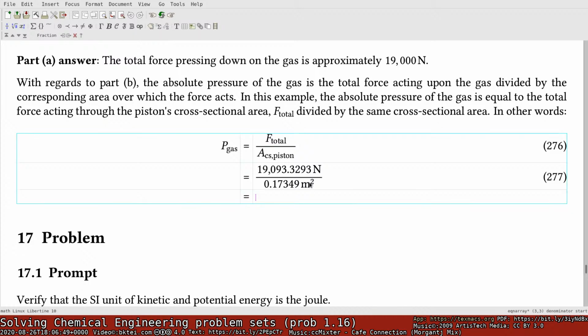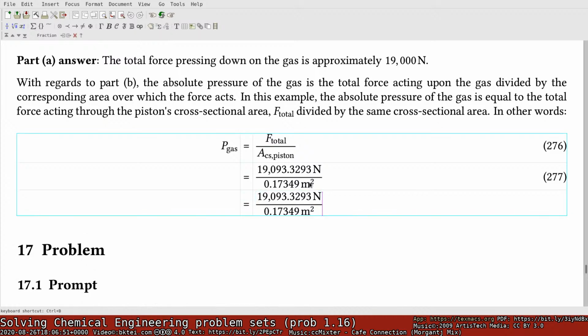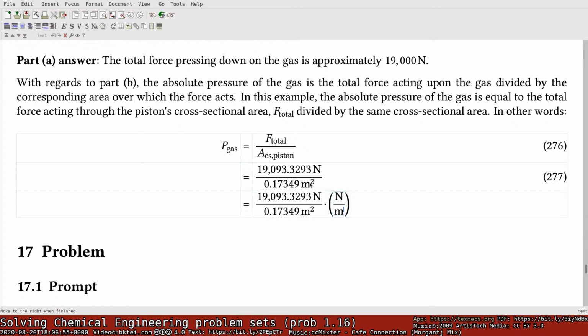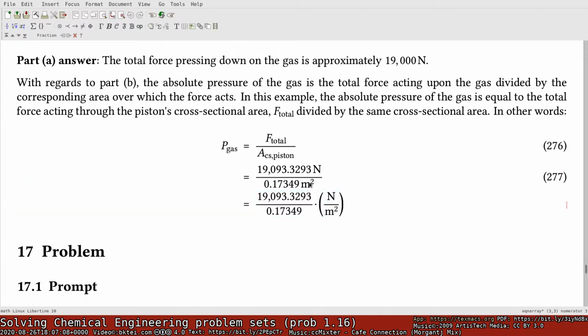Be the same number, except we're going to pull out those units. Okay, and add in a conversion factor.